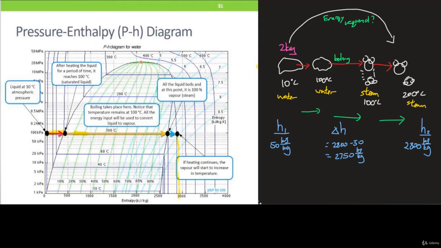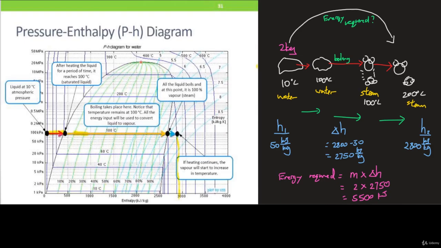The amount of energy required for this process to take place is equal to the mass multiplied by delta H. That is 2 kg multiplied by 2750 kilojoules per kg, which will give you kilojoules. So with that, you should get 5,500 kilojoules.